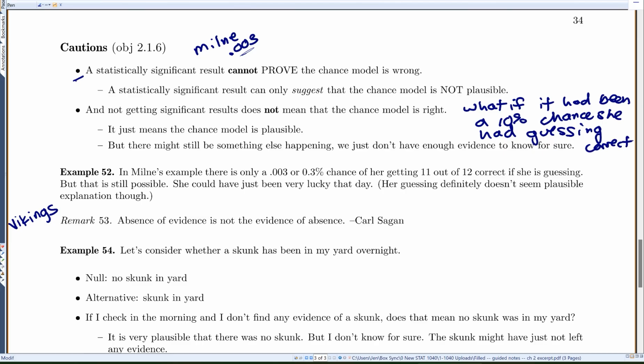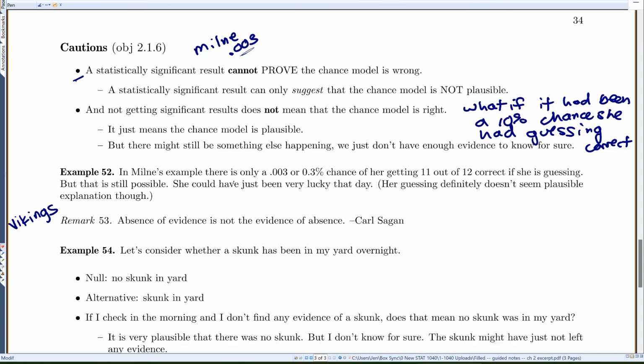Would 10% prove that she was guessing? No, it doesn't mean that she was just guessing. Maybe she still can't tell the difference. It just means that it's plausible that she guessed. We just don't really have enough evidence to know for sure.